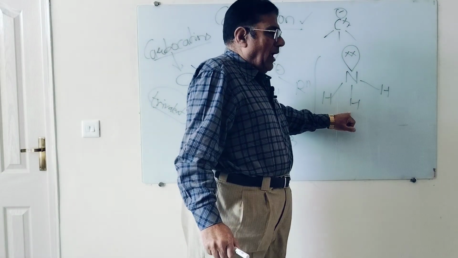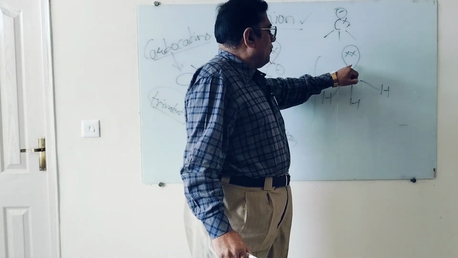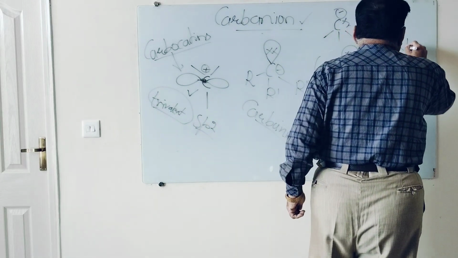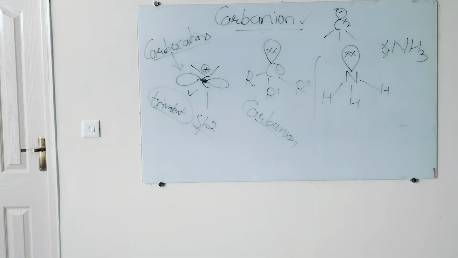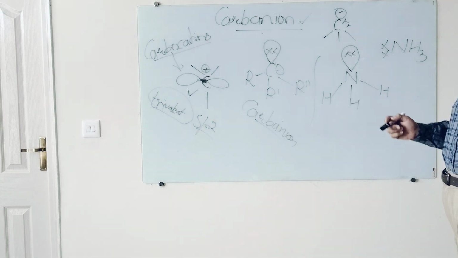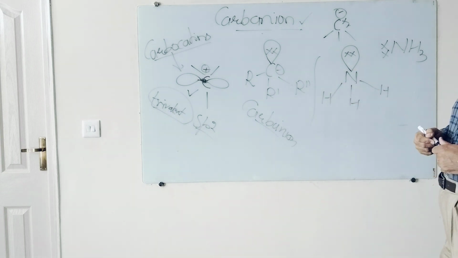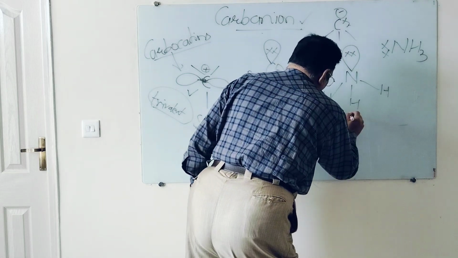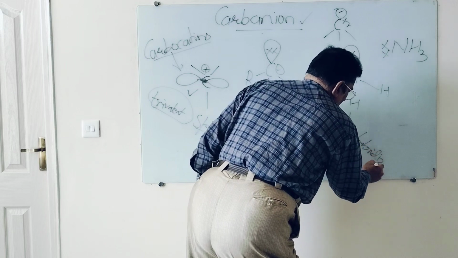But in ammonia, as nitrogen belongs to the 15th group, there are three bond pairs and one lone pair. So the structures are quite similar, right? There are four hybrid orbitals. The only difference is that carbon has negative charge, but nitrogen is neutral, because carbon belongs to the 14th group and nitrogen belongs to the 15th group. So I can say like ammonia, carbanion is also sp3 hybridized.